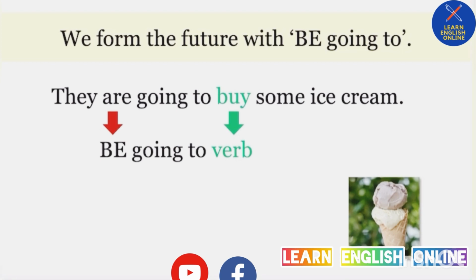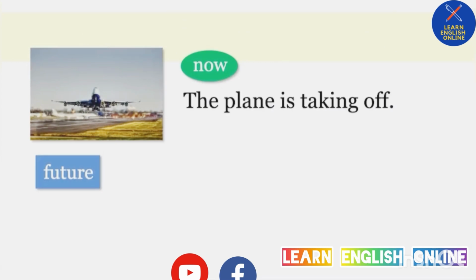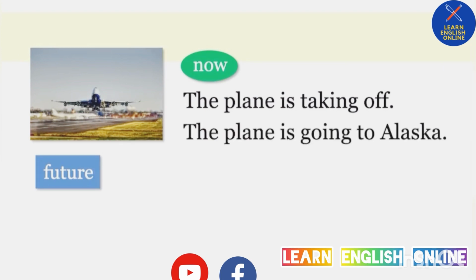Let's look at some more examples. Here we have a plane. The plane is taking off. This is happening now. This is the present progressive. The plane is going to Alaska. This is also happening right now, and this is also the present progressive.